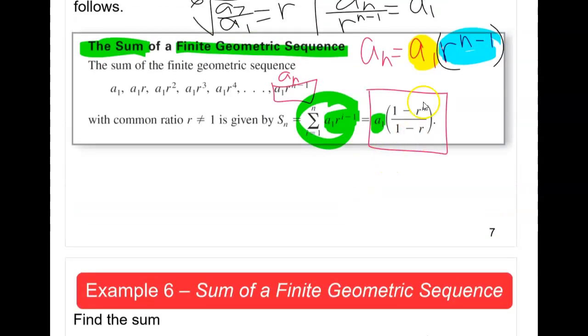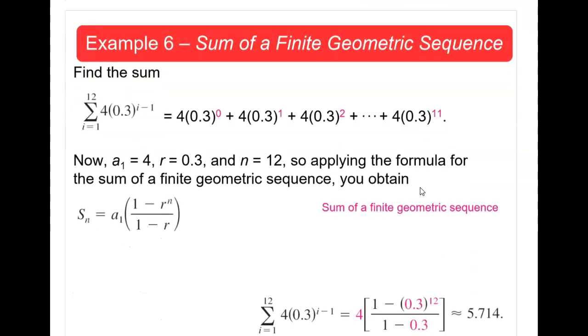Based on this formula to find the sum, we're going to use it here for example 6. We do have a geometric sequence, and you could see here the first term happens to be 4.